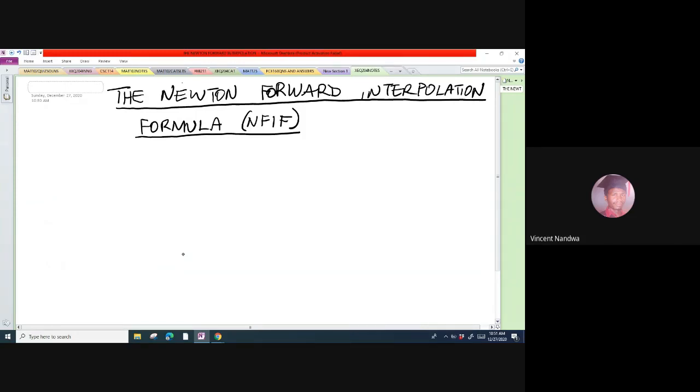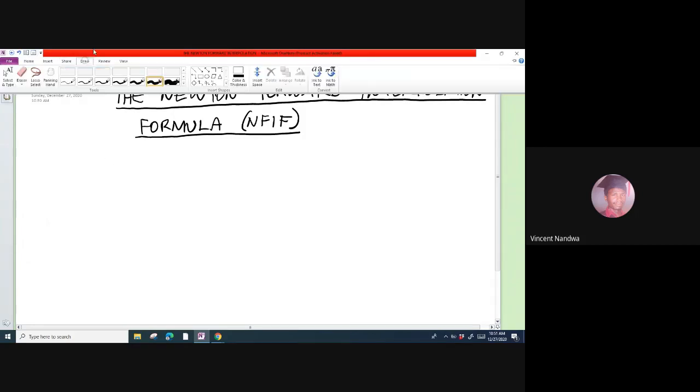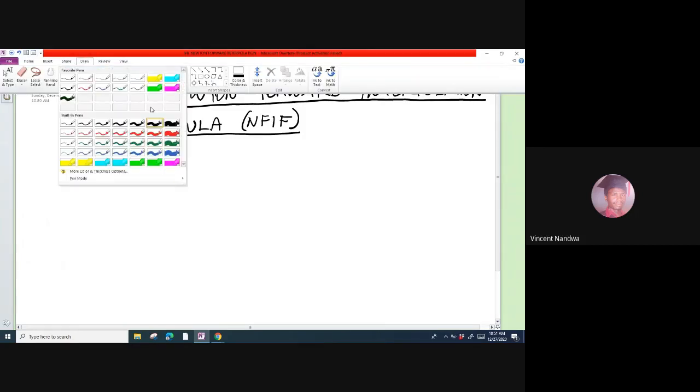We are going to learn about the Newton forward interpolation formula. We are going to derive the formula and then do some examples on the same.